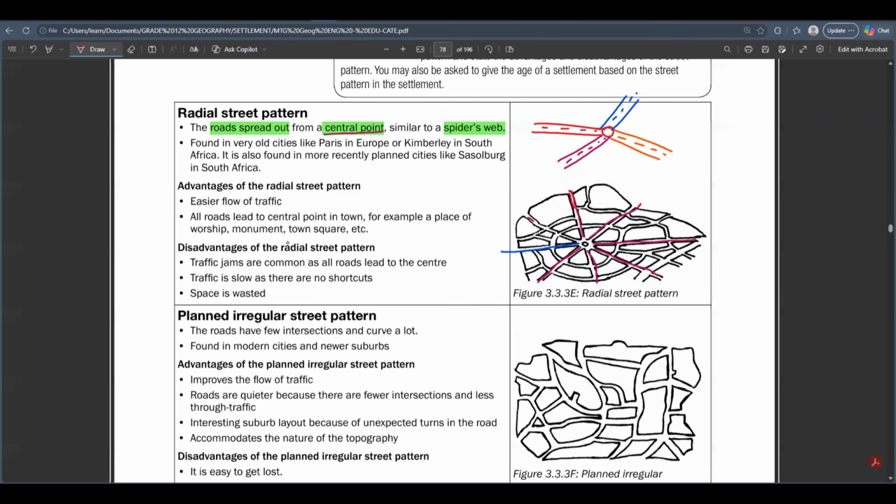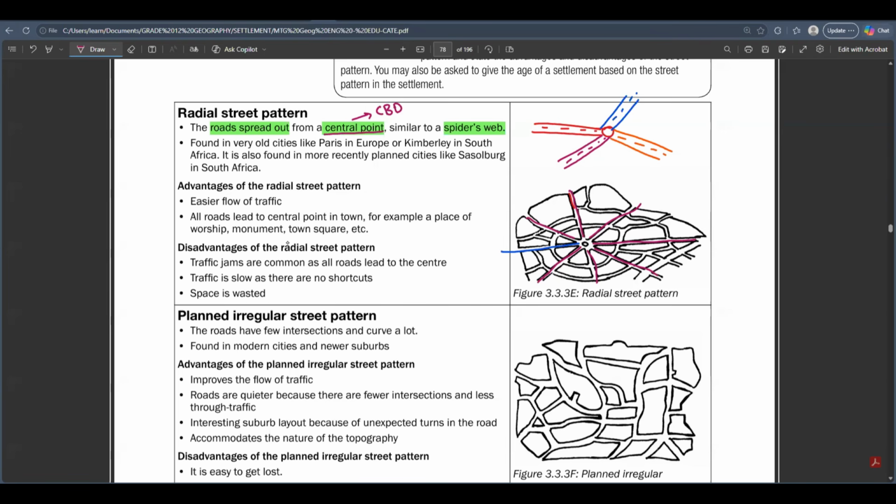It's usually the CBD. So the central point that we are talking about here is usually the Central Business District, because we are here to do business, right? We're here to do business in the world. So most of the time in a radial street pattern, the central point where all the people are going towards is usually the CBD, where there is high business activity.